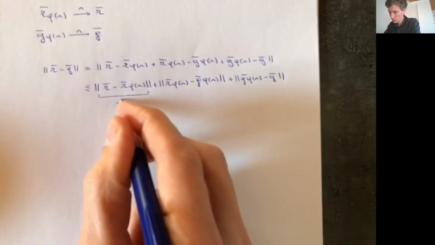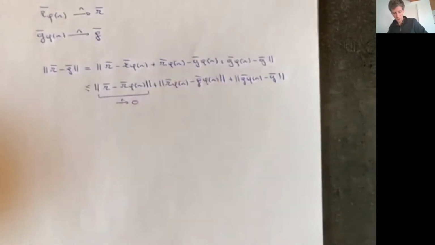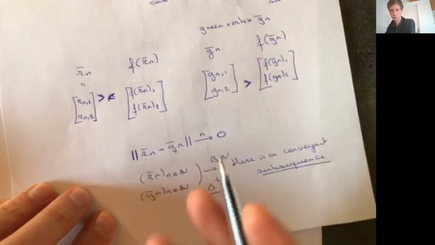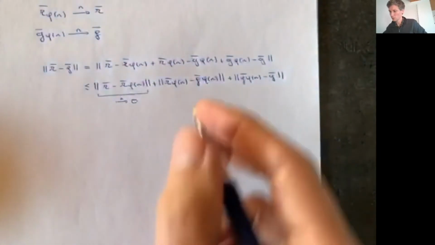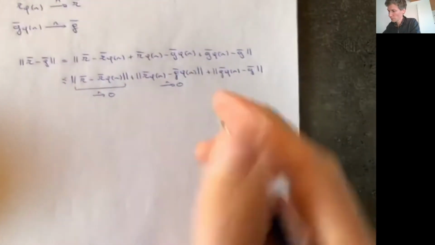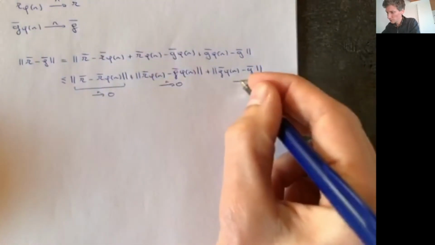This here converges to 0, because of this. This here, well, you know that this interval gets smaller and smaller, so it also has to converge to 0 along a subsequence. Also here this has to converge to 0, and then g phi n converges to g.